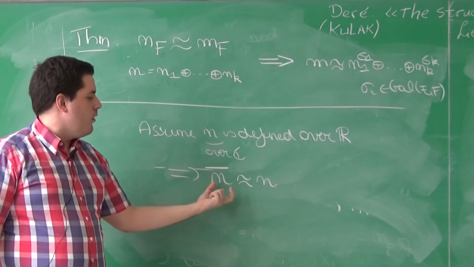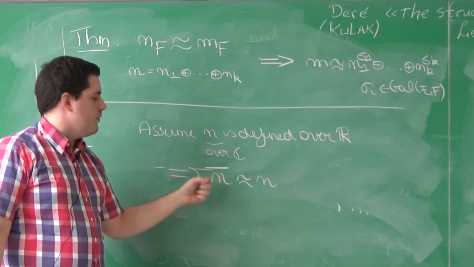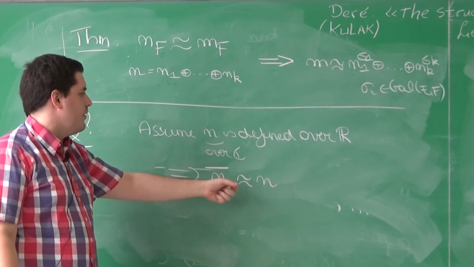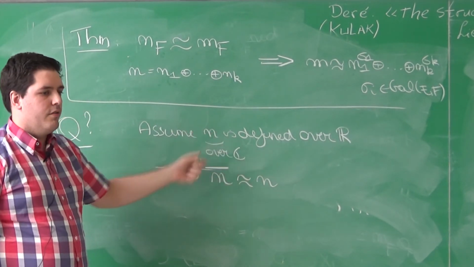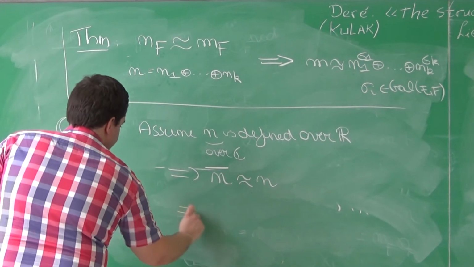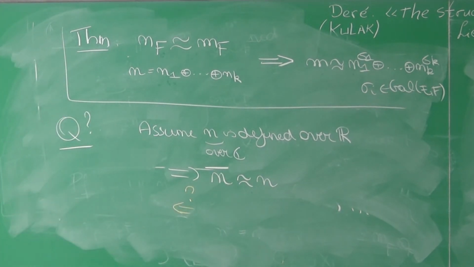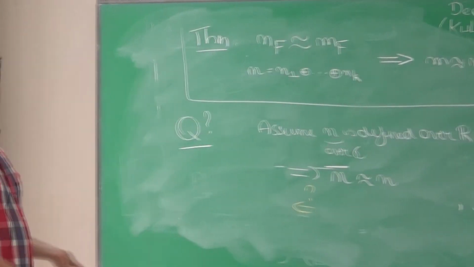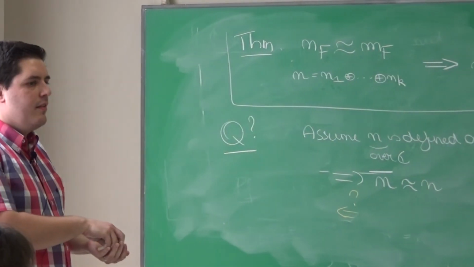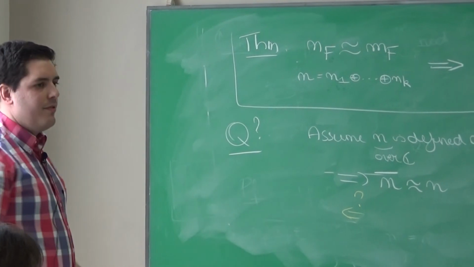The only examples I know where the complex conjugate is equal, up to isomorphism, to the Lie algebra itself are when it's defined over R. I don't believe this to be true, but it's so hard to find counterexamples. Maybe it is true, I don't know.